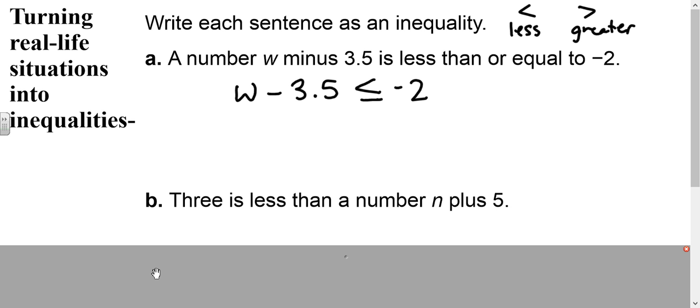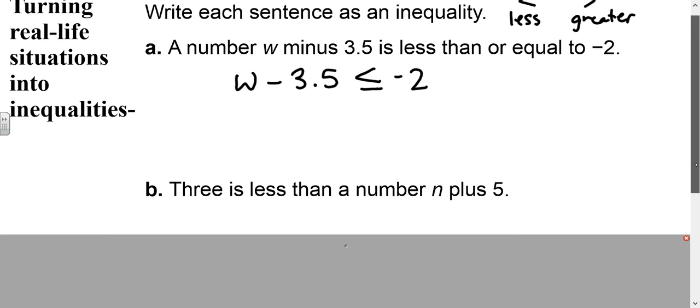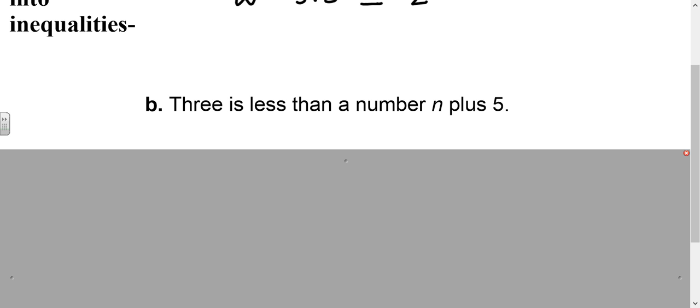3 is less than a number n plus 5. This one's a little backwards compared to what we were just doing. In math, whenever you see is, that's kind of like equals or greater than or less than or whatever.